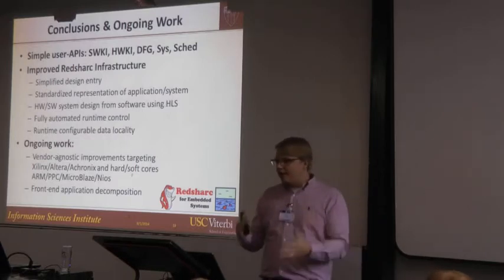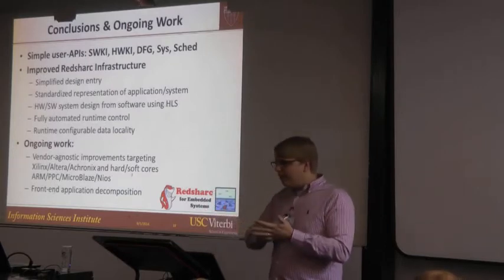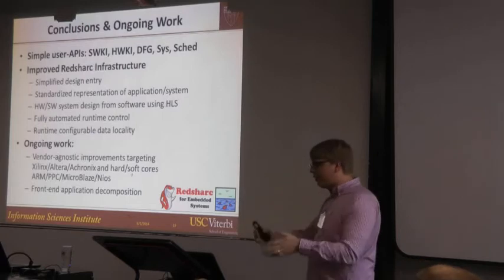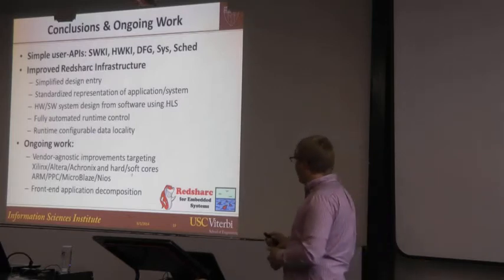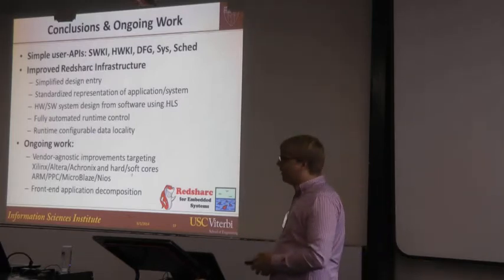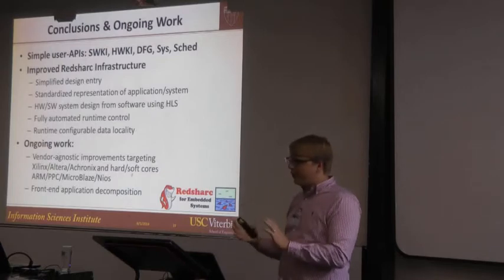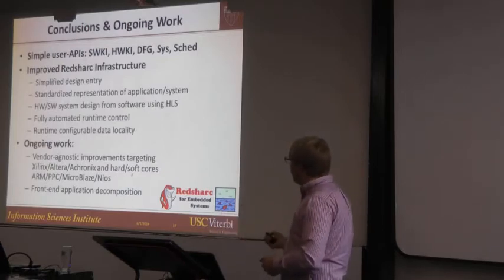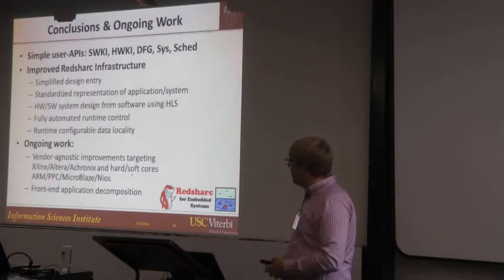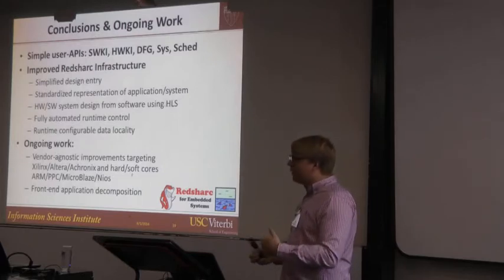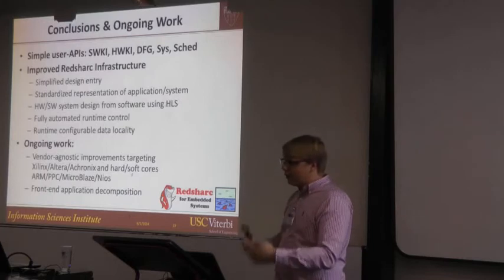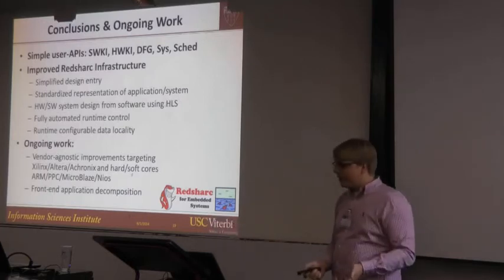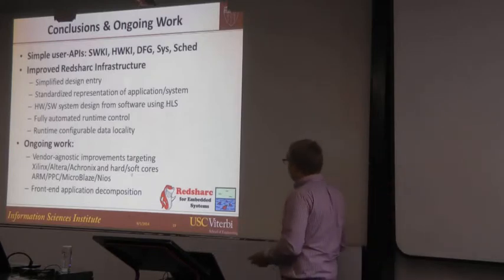So now, at this point, that intermediary layer is standardized, we can then begin building back and adding more front-end tools to allow the developer to start with some high-level version of their application and then more automate that process. The runtime control for the system has been automated, and now that the hardware and software kernels are abstracted from the actual storage location, we can do runtime configurable data locality as needed for performance.